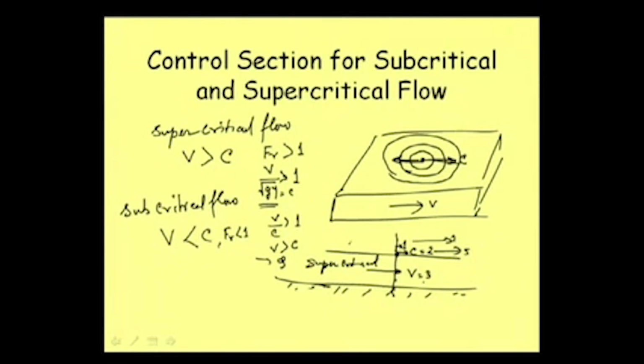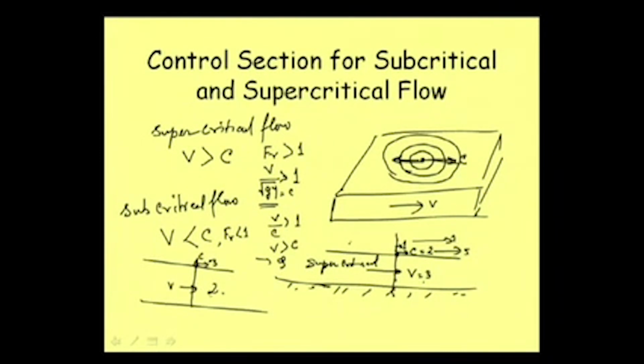So, as V is less than C, say for subcritical flow it is coming like this, moving with a speed say 2. Then we are creating a disturbance here, and that disturbance may be a wave or whatever it is, moving with a speed say 3. The celerity C is higher than the velocity V. So this is what I am drawing as V, and this is what I am drawing as C.